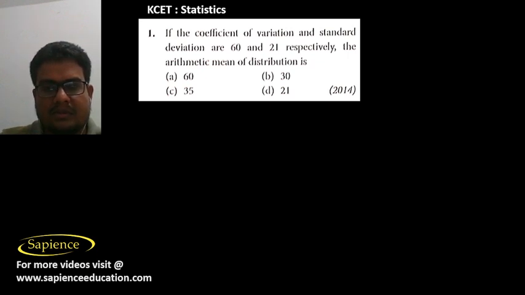So here in the first question, it has been told that if the coefficient of variation and standard deviation are 60 and 21 respectively, what is the arithmetic mean of the distribution.